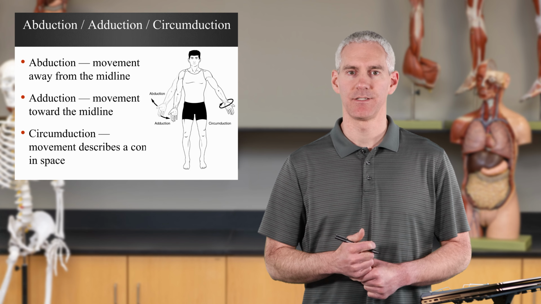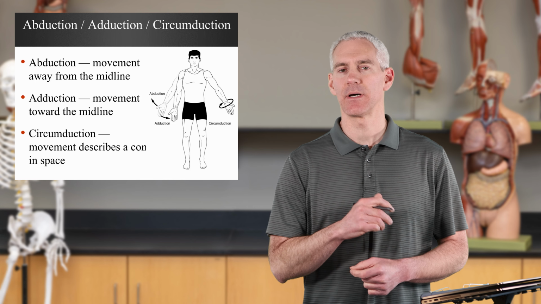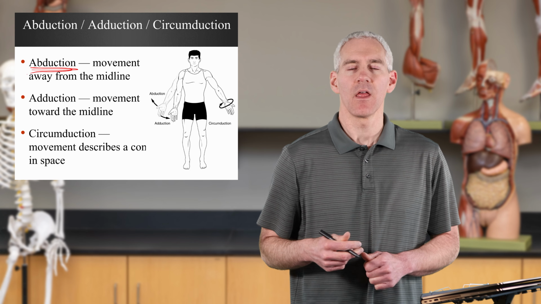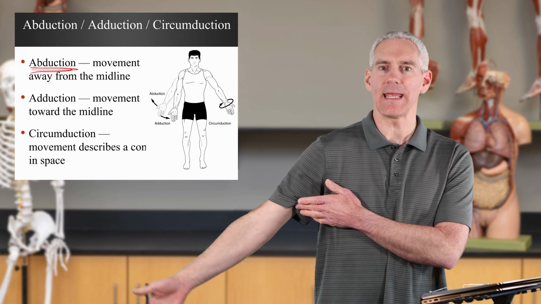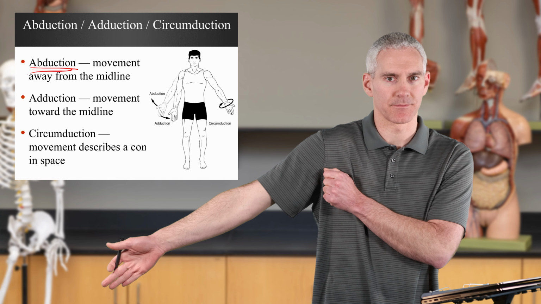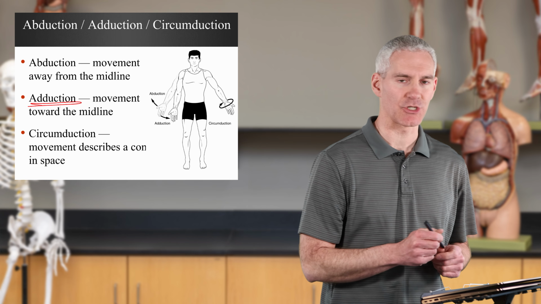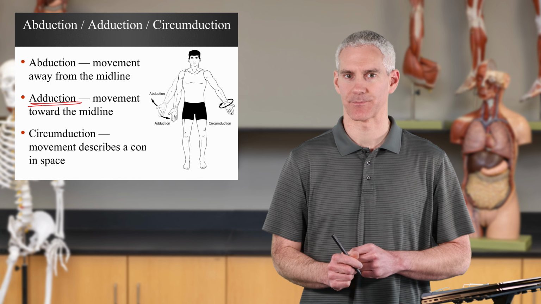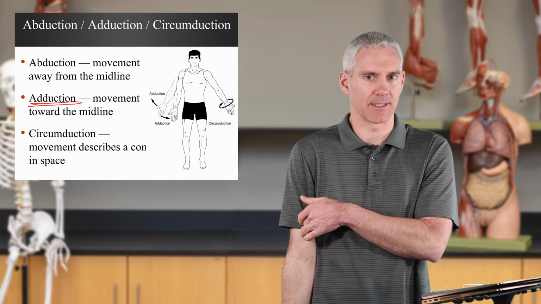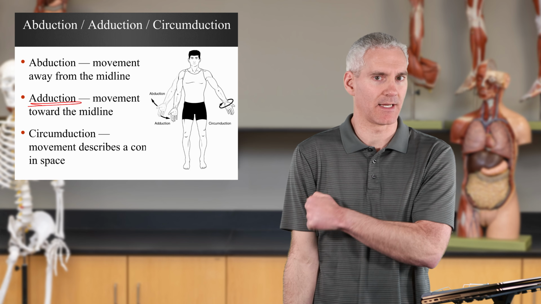Abduction, adduction, and circumduction. In the case of abduction, you're moving away from the midline. In the case of adduction, think you're adding together, you're coming back to the midline.